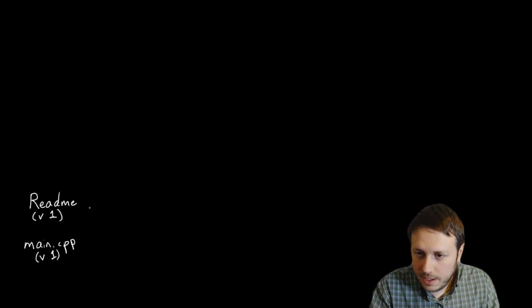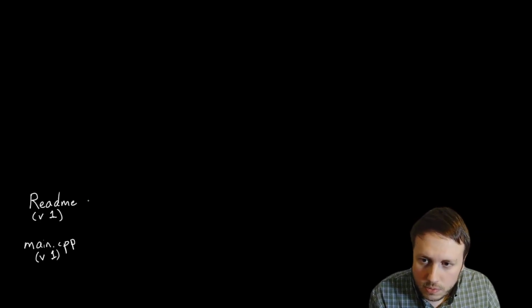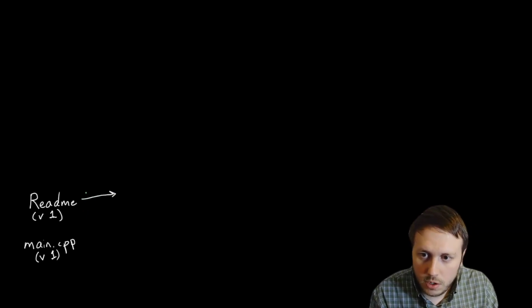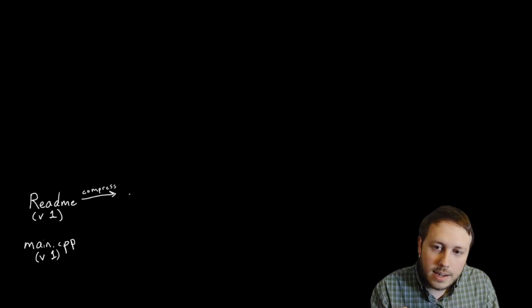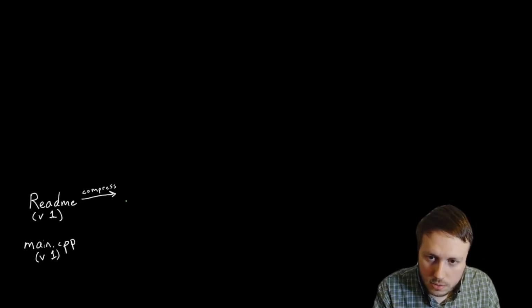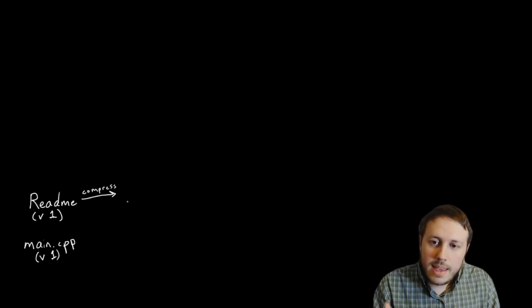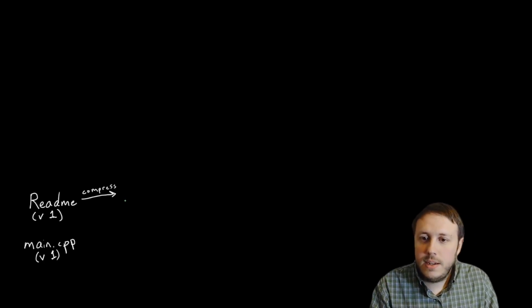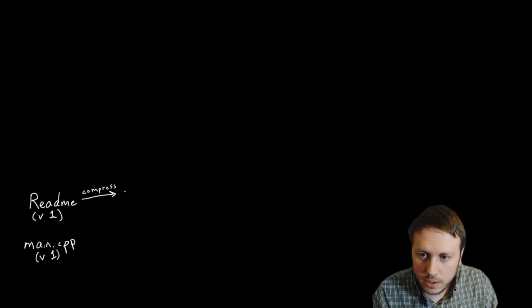When you say to Git, I want to commit these files, what it's going to do is, first of all, it's going to take these files and it's going to compress them. It's going to use an open source library called zlib. But the main point is it's just going to compress those files and it's going to store the contents of those files in something called a blob file that is going to be given an ID, a hash, that is some seemingly random collection of letters and numbers.